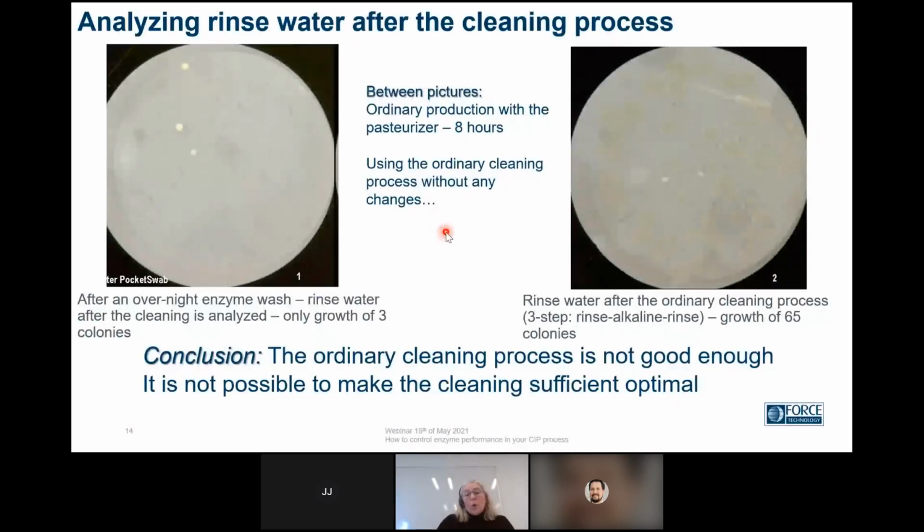We have the ordinary cleaning process, and then the last rinse water again, and we can see on the petri dish 65 colonies have grown. So the conclusion here is that the ordinary cleaning process is not good enough. It is not possible to make the cleaning sufficient and optimal. So they have to use the enzyme wash too.